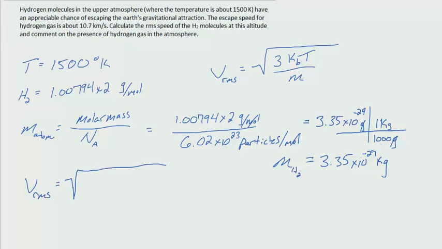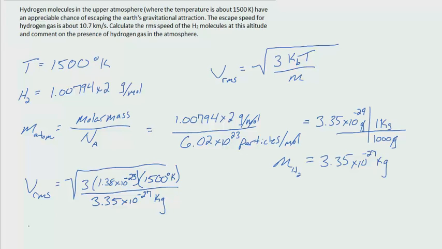So we have 3 multiplied by Boltzmann's constant, which is 1.38 times 10 to the negative 23rd, multiplied by our temperature in Kelvin, 1500 Kelvin, divided by the mass of our hydrogen molecule in kilograms, 3.35 times 10 to the negative 27th kilograms.